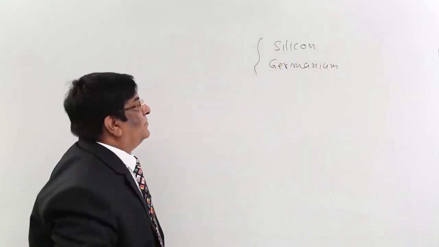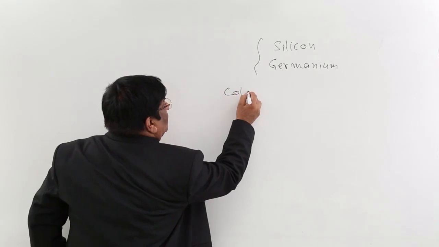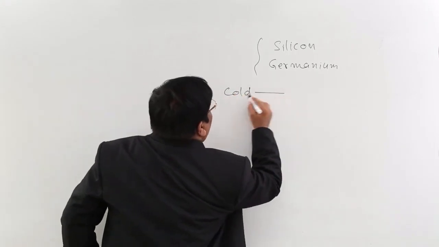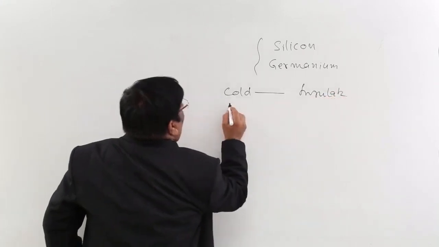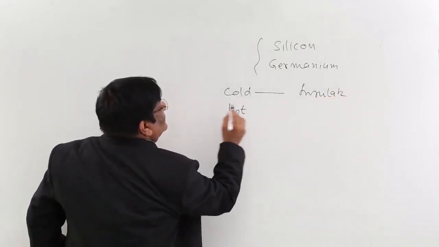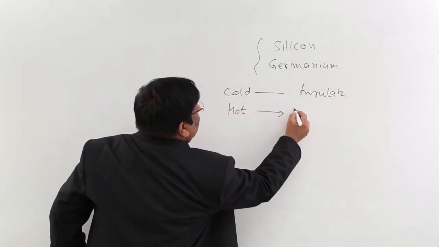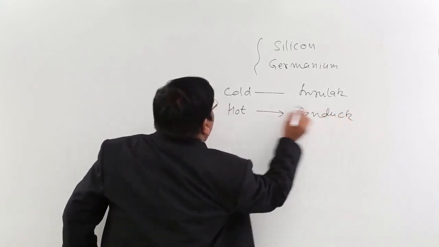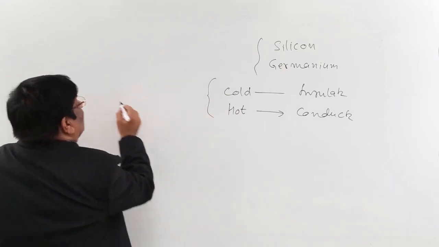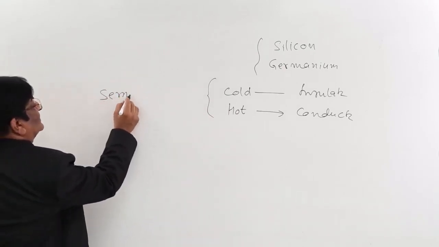These are such compounds that when they are cold, they are insulators, and when they are hot at a higher temperature, they become conductors. And such material is known as semiconductors.